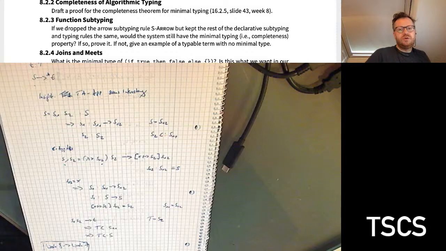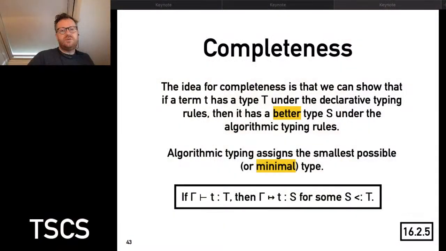So we already learned that when we see week 8 in this exercise, we have to think about it as week 7. So let's do this. Slide 43, that's not far ahead, is the completeness theorem for algorithmic subtyping. So the exercise was: draft a proof for the completeness theorem for minimal typing.